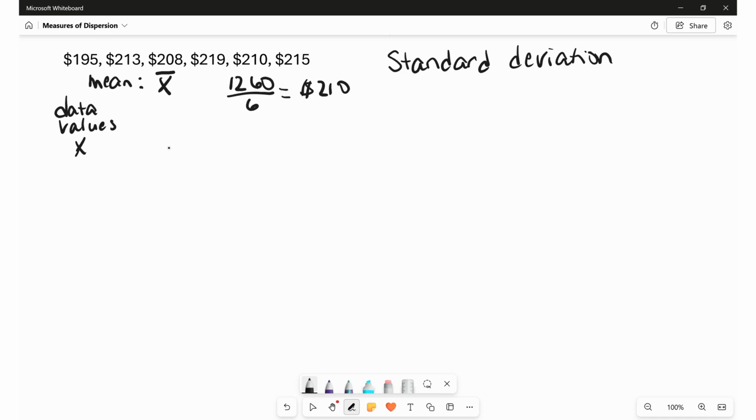So we have our data values. Then we have what is called deviation from the mean. And all this is saying is how far is each data value from the mean?